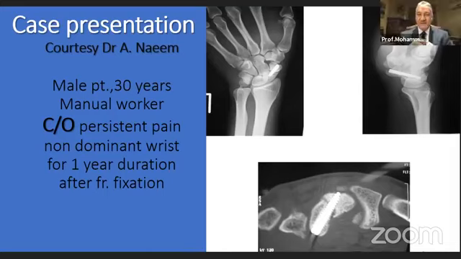If I'm doing this case, I'll go through the volar approach, remove the screw, reduce the scaphoid, fix it temporarily with 2 K-wires, have X-rays, and make sure that the reduction is good and the anatomical position is fine. Then I have to fill the gap in the distal stump, which is quite big.